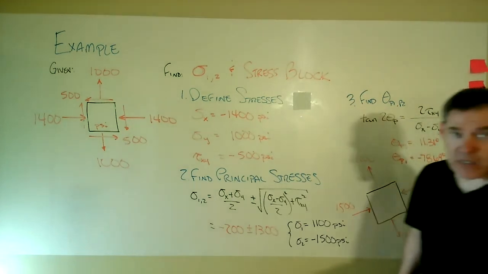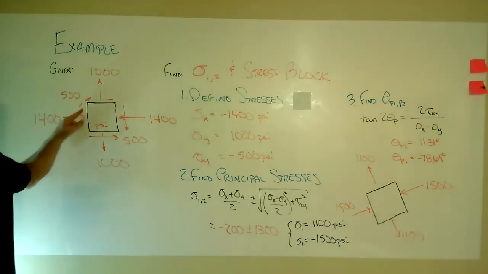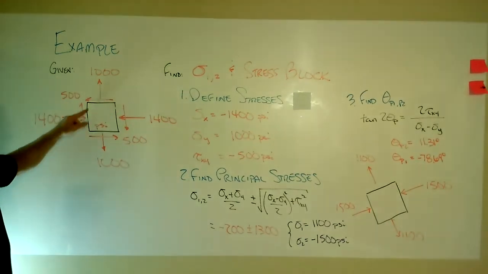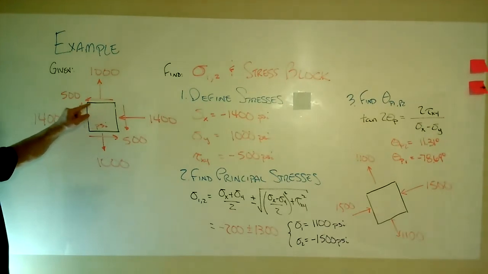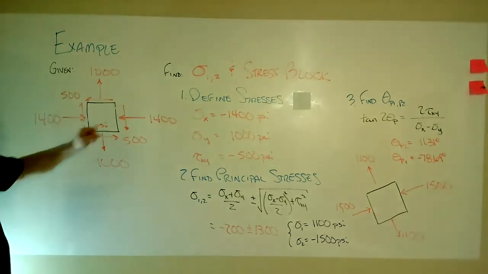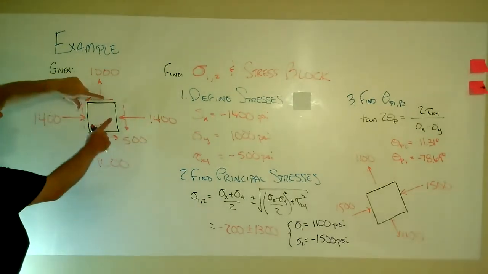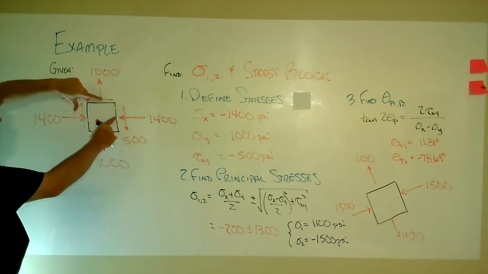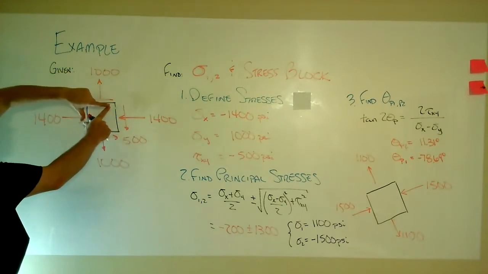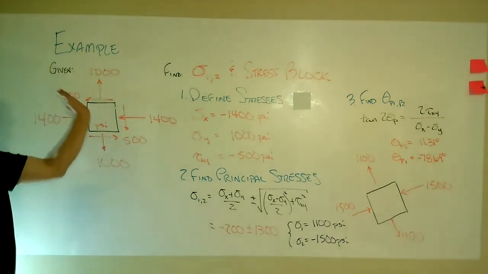Now, here's a quality control check that you can do. Notice back over here in the original state of stress that was given to us, we've got this vertical direction has the 1000 in tension, and the other direction is the squeezing. And you've got this 500 shear stress that wants to pull and create a tension going in that direction.